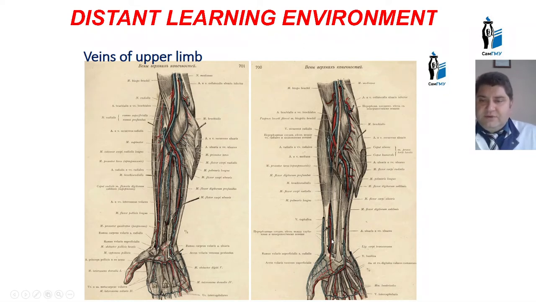Here you can also see two of these satellite veins, the so-named radial veins, alongside the radial artery. And now you may see two veins arching over the arterial superficial arch.